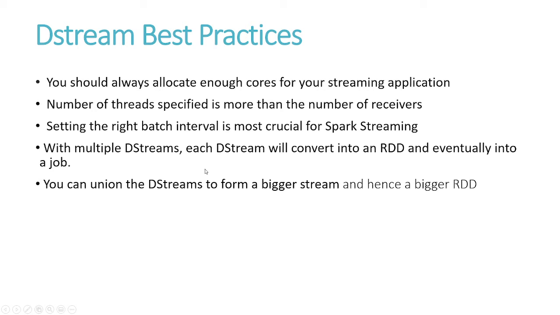You can do a union of all these streams which are low in size or smaller. Why increase the overhead on HDFS? Suppose you are storing it in HDFS, so why overload HDFS? You can do a union and form a bigger RDD. This is also an interview question on how you can do this. So this is the way you can do it.